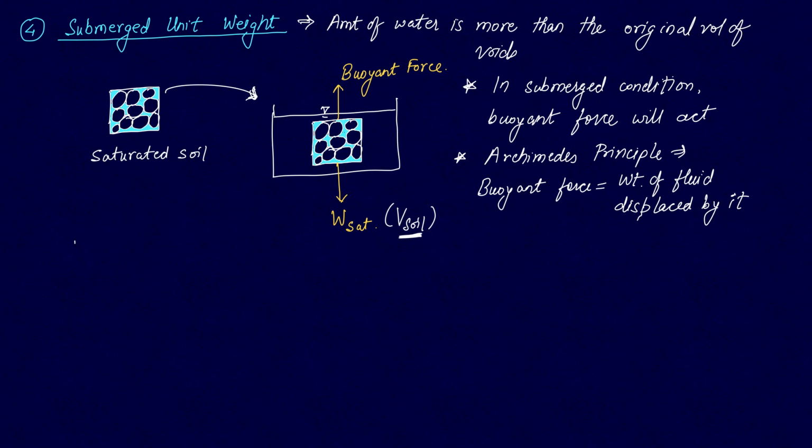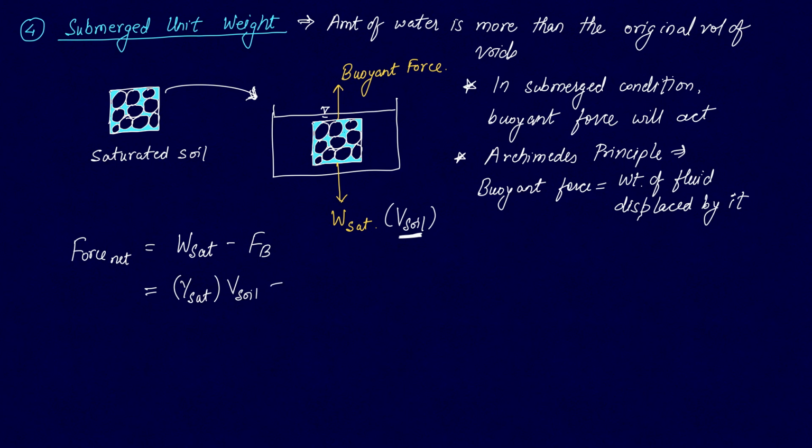So here we can again see that the net force in the downward direction will be equal to the saturated weight of the soil minus the buoyant force. The saturated weight will be equal to gamma sat into volume of soil.